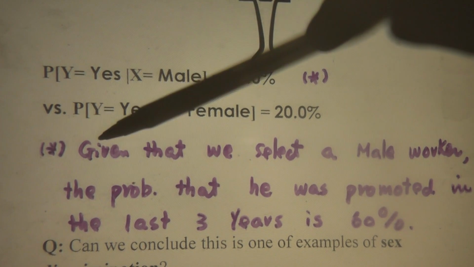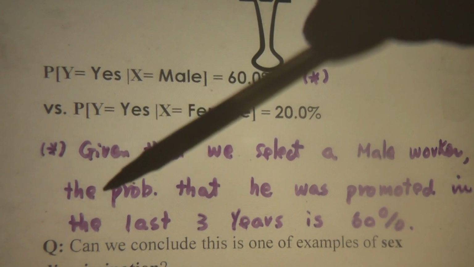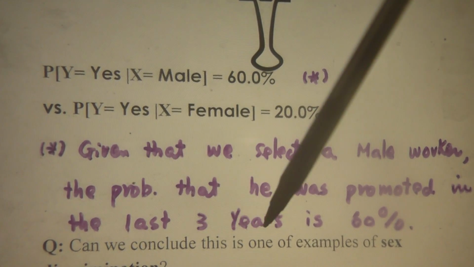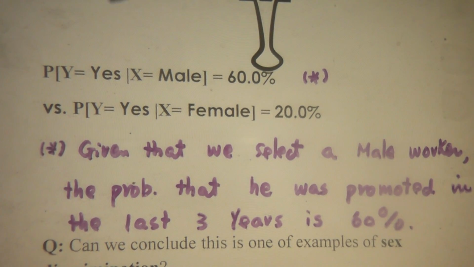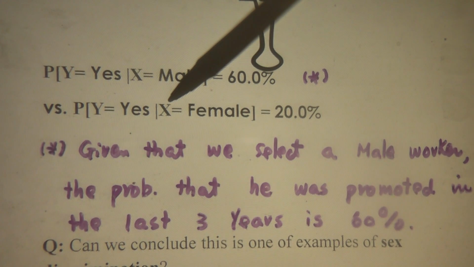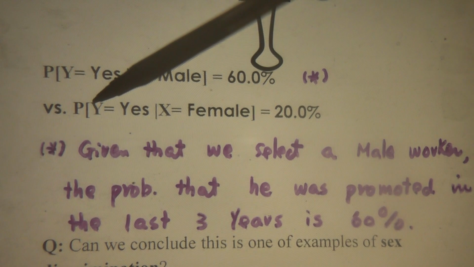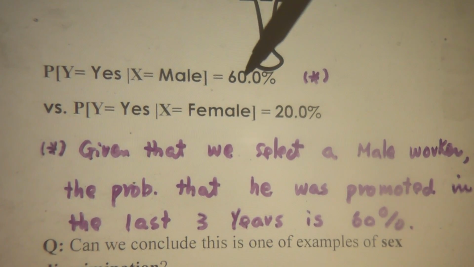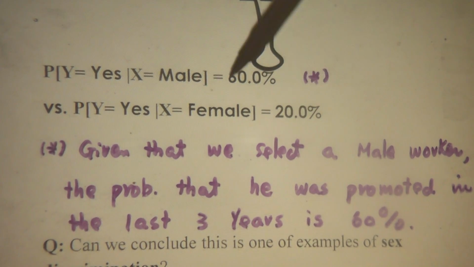So how do we read this? Given that we select a male worker, the probability that he was promoted in the last 3 years is 60%. This is the way we read the notation. Similarly, given that we select a female worker, the probability she got promoted in the last 3 years is only 20%. This 60% is 3 times the 20%. So it's a much higher probability.